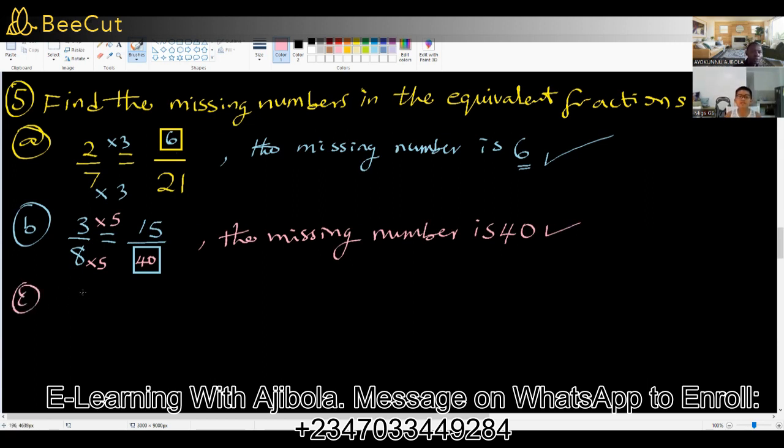So you're going to find the missing number here. If you have 4/5 equal to something over 30, you're going to find the missing number in that. Then you do the next one.